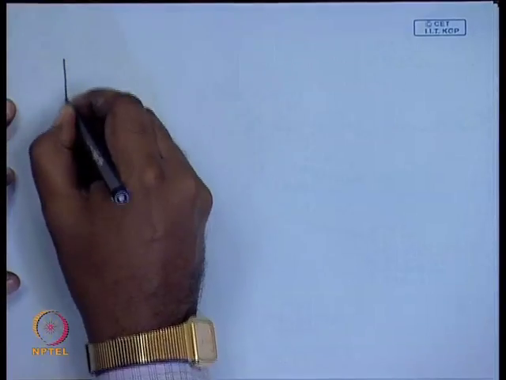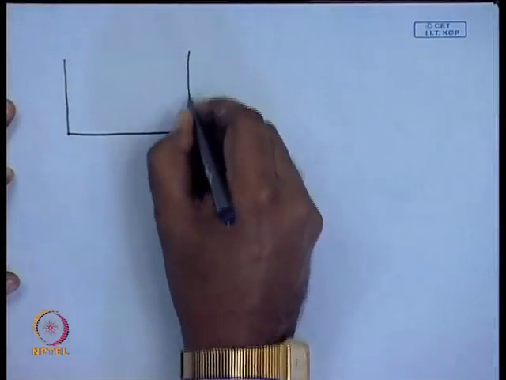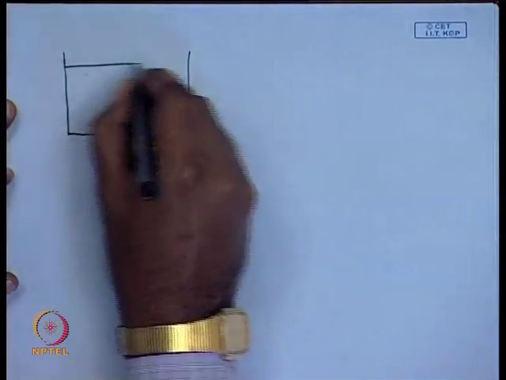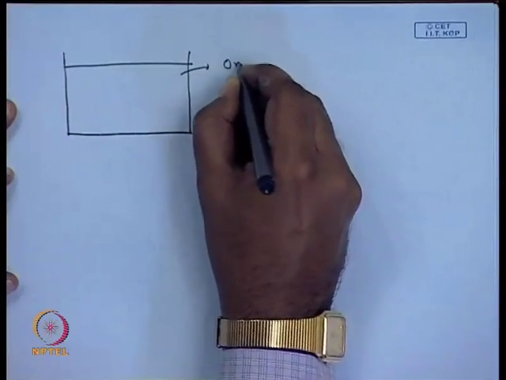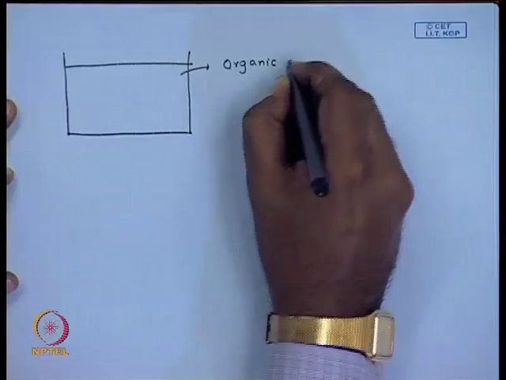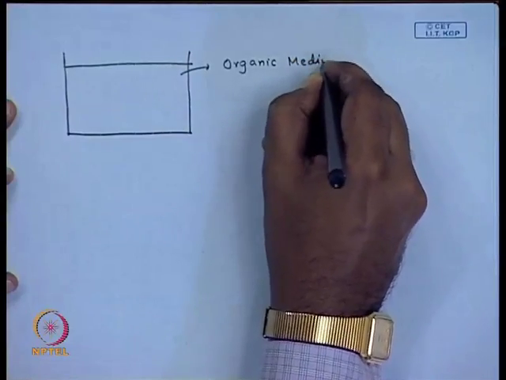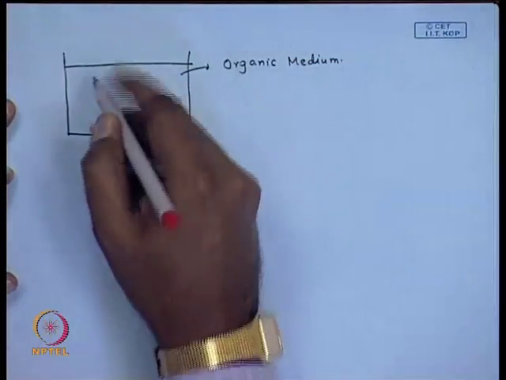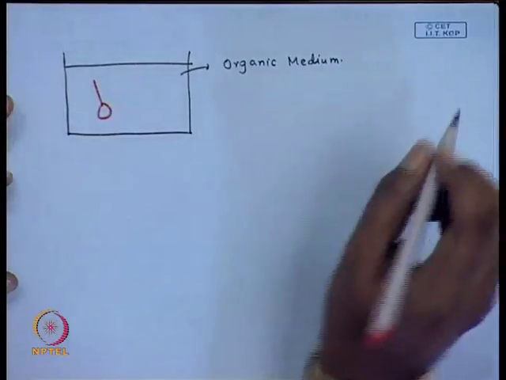Now, let us pick up just a quick example before we wind up this particular lecture. Suppose instead of water you have an organic medium and you place the same surfactant molecule in that organic medium.